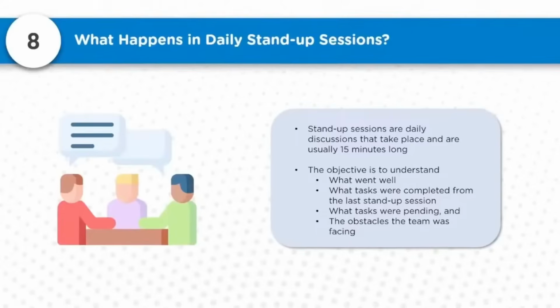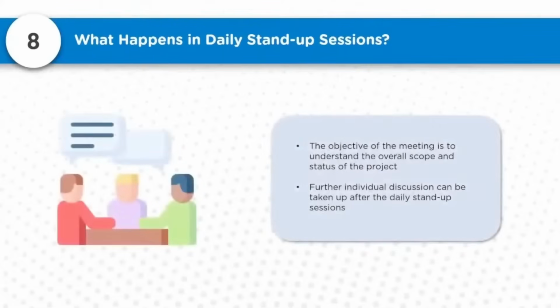If any specific task is not accomplished for certain reasons, what is stopping the team from accomplishing it needs to be made visible. A separate meeting can then be held to discuss it and make the necessary corrections by taking proper actions. The objective of the daily stand-up meeting is to understand the overall scope and status of the project. Further, individual discussion can be taken up after the daily stand-up sessions.